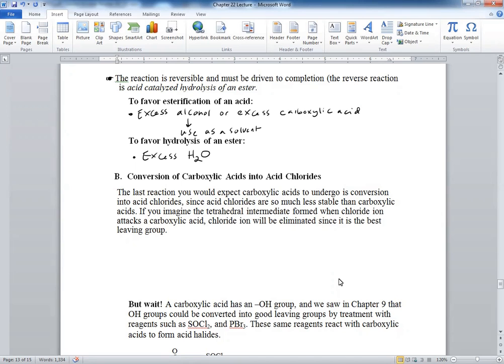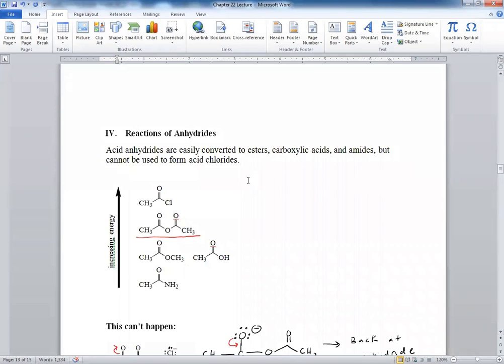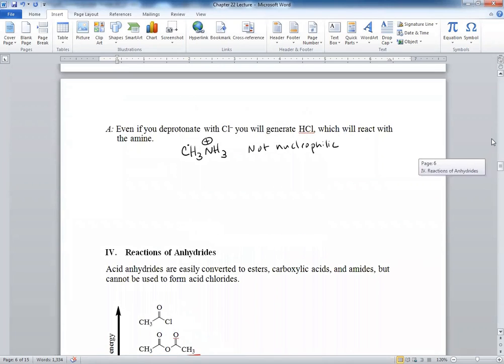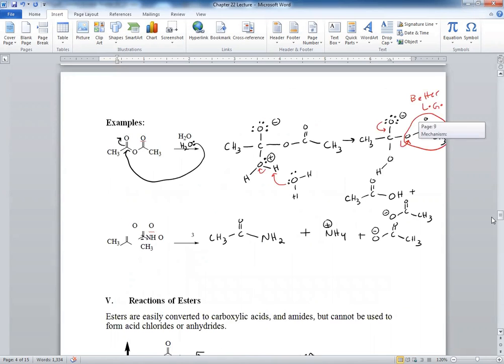You should know, based on the chart, let's go back up here, that this is the most reactive, and you can go this way, but you can't go back the other way. So let's draw this out so you can see it.